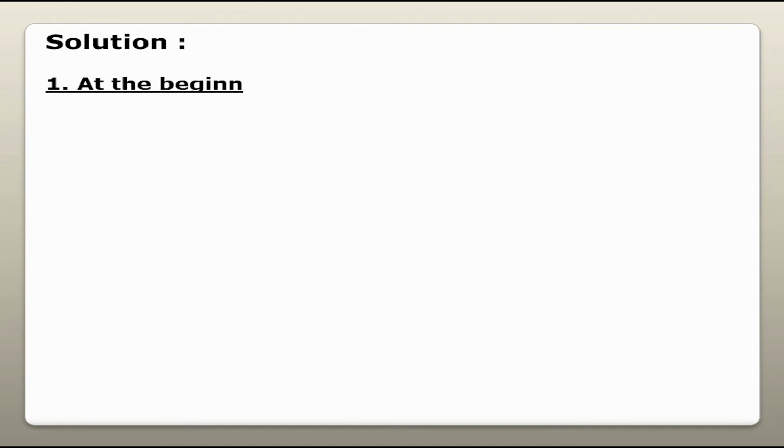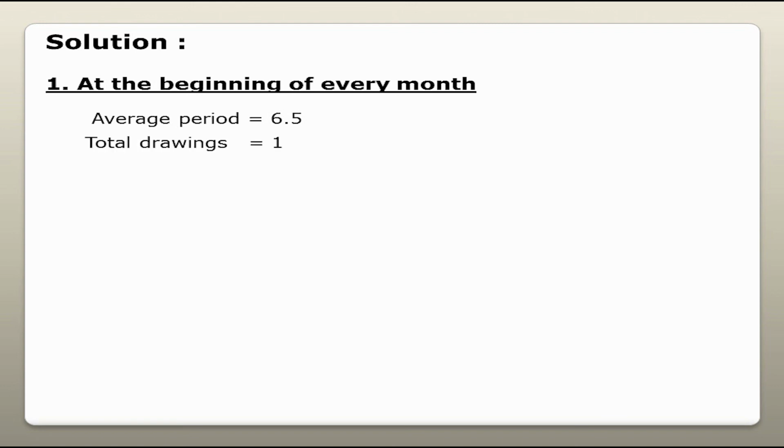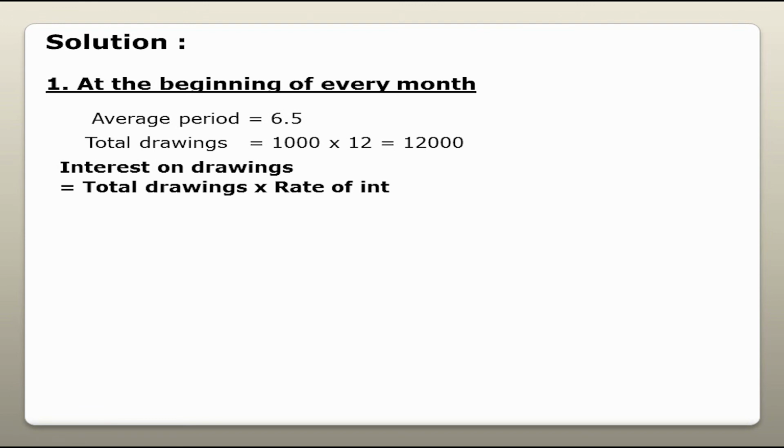The solution: at the beginning of every month, the average period is 6.5. So total drawings is 1,000 per month, 1,000 into 12, so 12,000 is the total drawings in a year. The formula: interest on drawings is equal to total drawings into rate of interest into average period divided by 12.